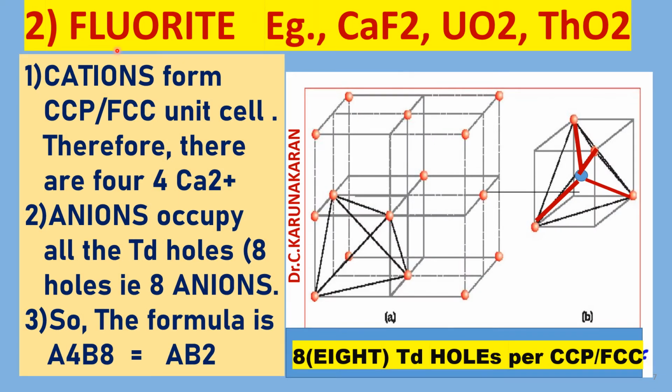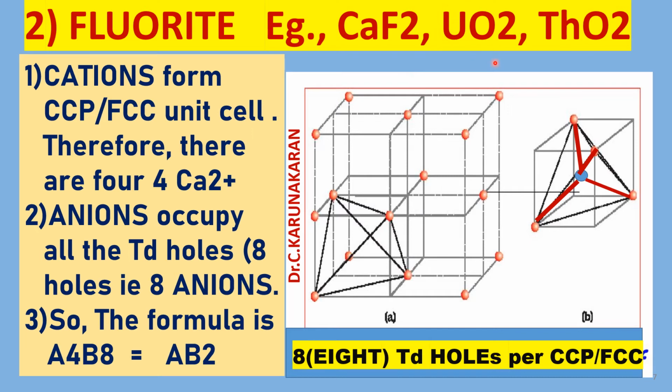Let us see the fluorite crystal structure. Fluorite, for example, calcium fluoride, uranium dioxide, thorium dioxide. In rock salt, anions form the CCP, whereas in fluorite, cations form the CCP, the FCC unit cell structure, and therefore there are 4 Ca2+ ions.